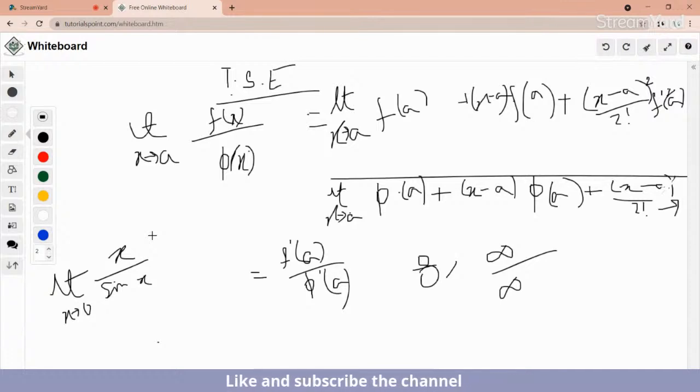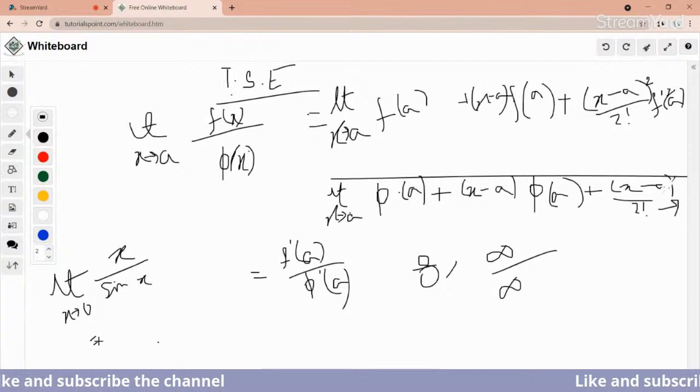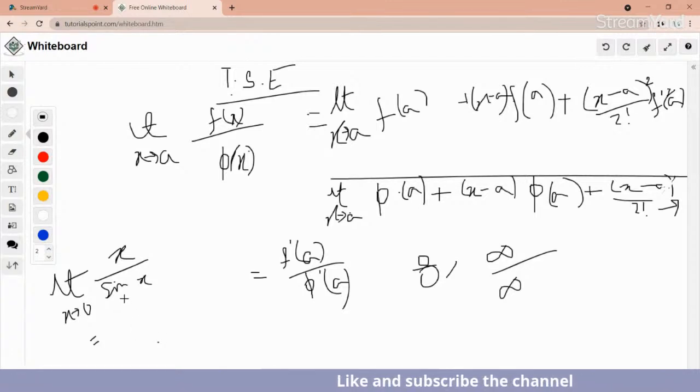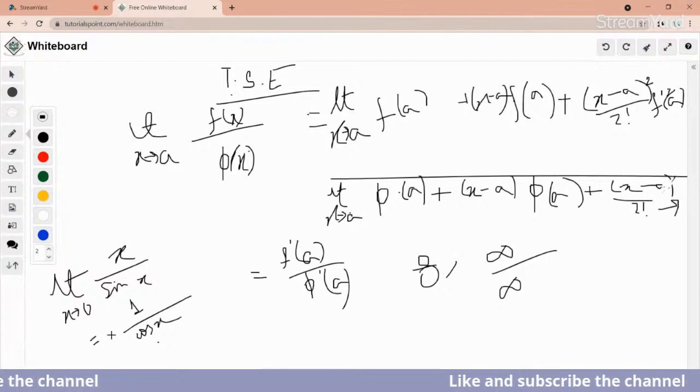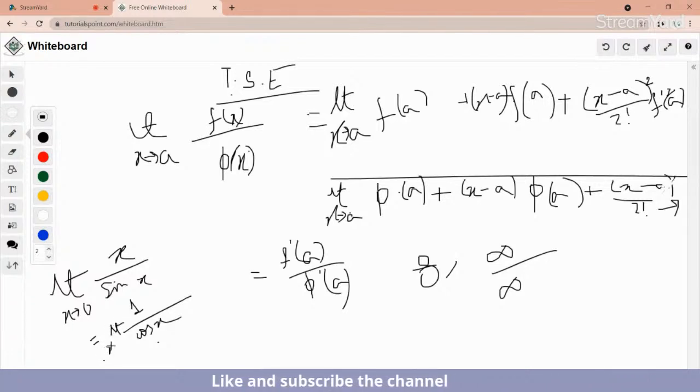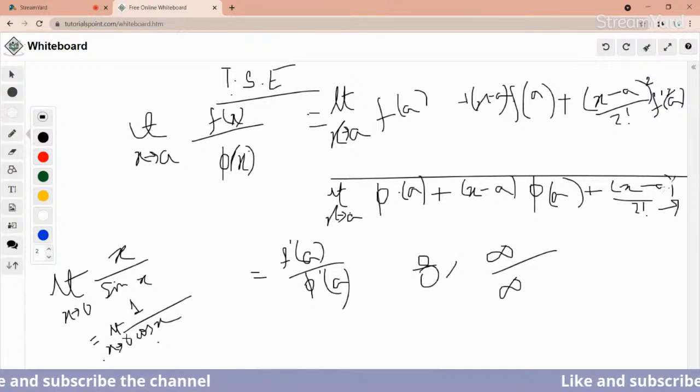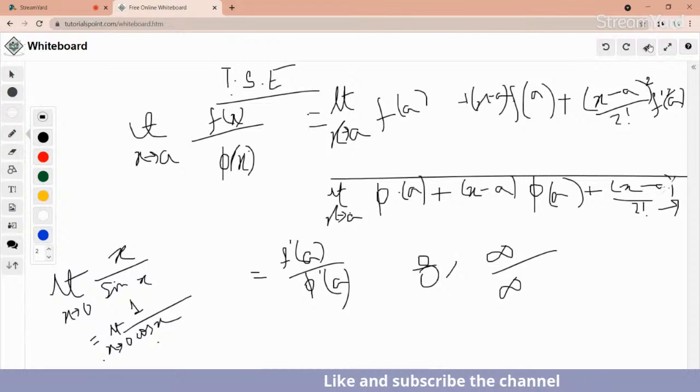It is the form of 0 by 0, right? Because x is 0, and sin 0 is also 0. So just differentiate it, upar niche, with respect to x. We get 1 by cos x. Now apply limits. The answer will be 1, because cos 0 is 1, and 1 by 1 is 1, job done. That's how you will do it. So simple.